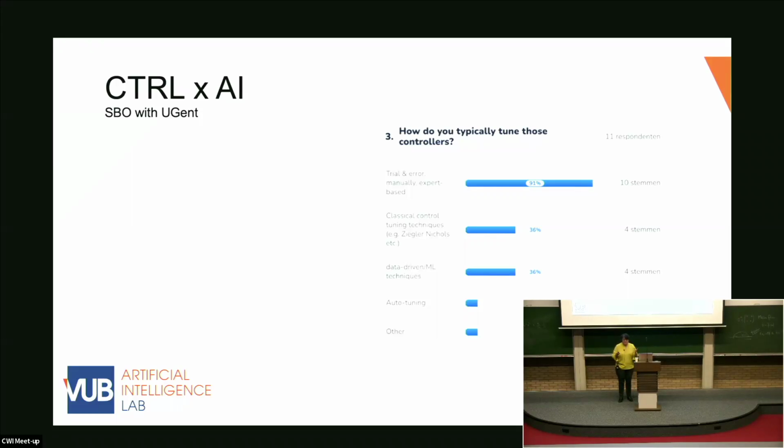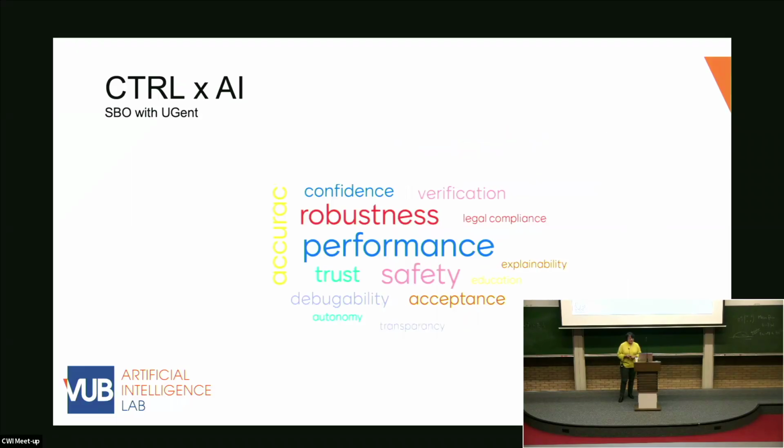So this was for us a bit the context of, okay, what is the state of play of the companies we have in our user committee. Another thing that came out of this questionnaire is this word cloud. On the one hand, there's education. We found out that for these companies, it's very hard on their own to decide whether or not reinforcement learning can be an added value to their current approach.